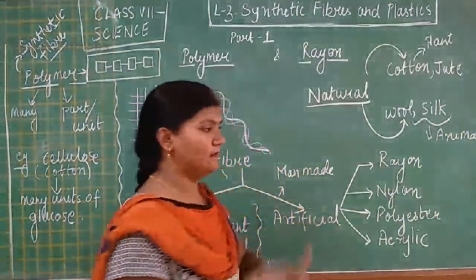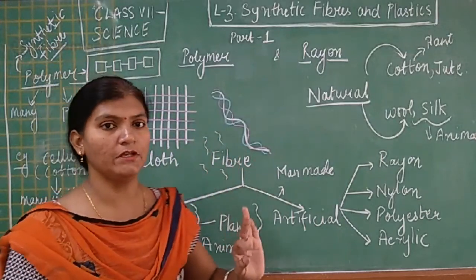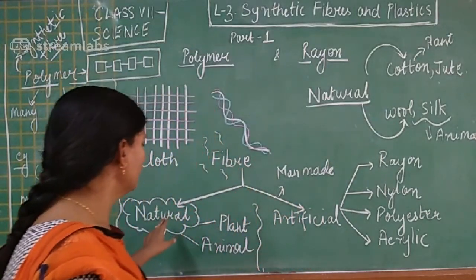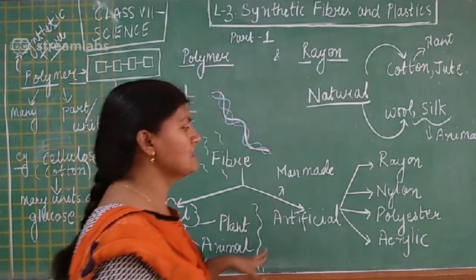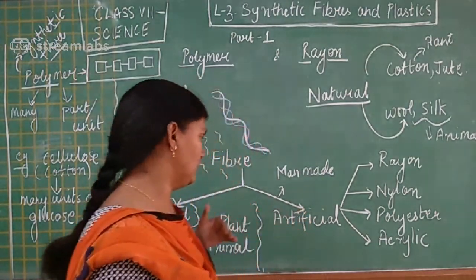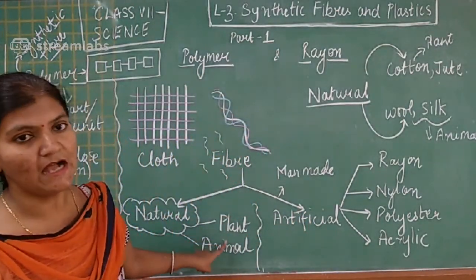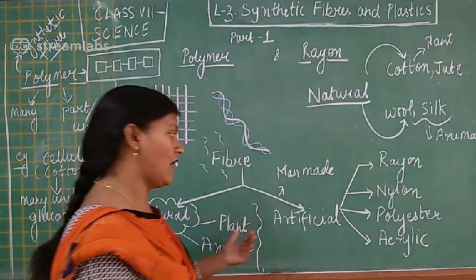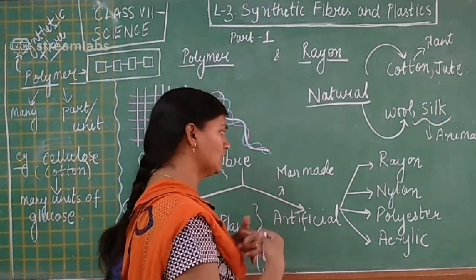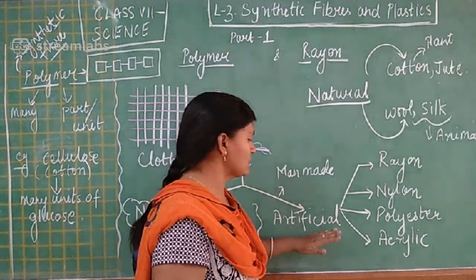We have read that fibers can be obtained from both natural as well as artificial sources. If they are natural, they are obtained from plant and animal, and if they are artificial, then this we have to read.